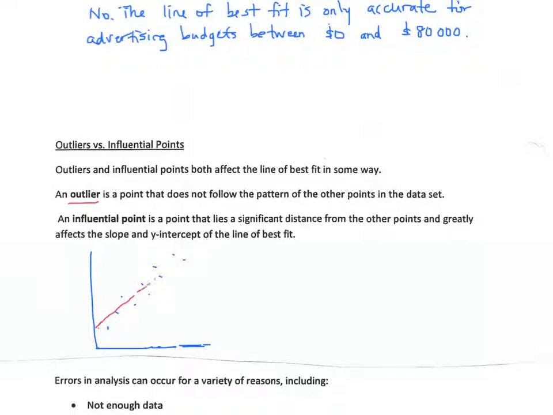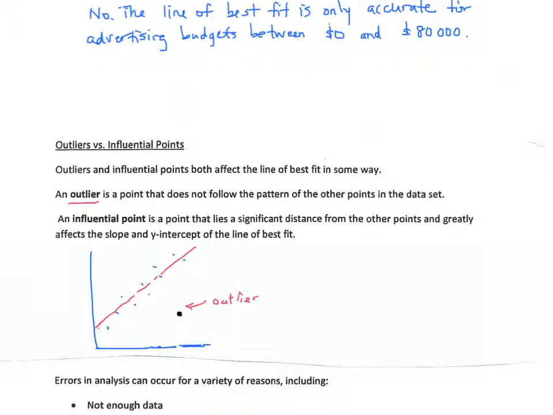And for those data points, we could draw a line of best fit. And then out here somewhere, we have this other random point. This is what we refer to as an outlier.